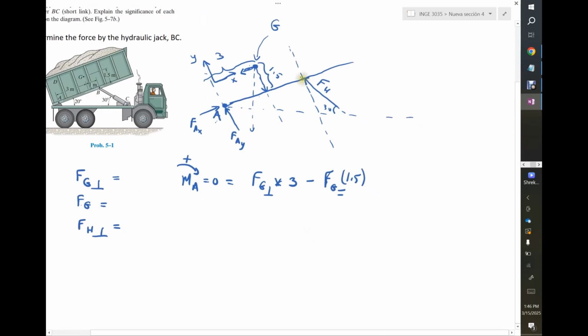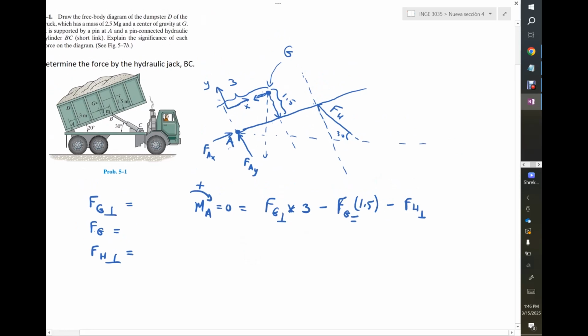Likewise, how about the hydraulic? The hydraulic is also going in the negative, so that would be minus F hydraulic perpendicular multiplied by the full arm, and the full arm here is 3 plus 1, that would be 4. So the total distance from here to here is about 4.